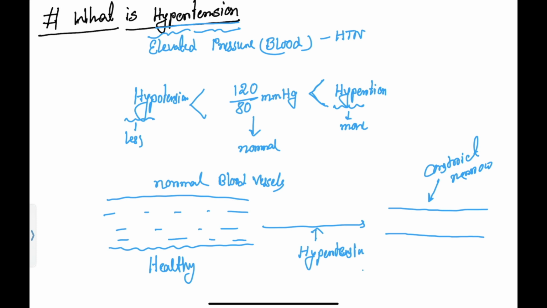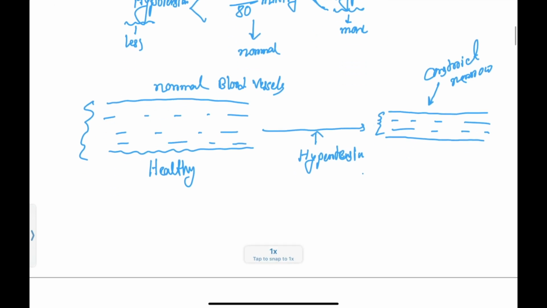Okay? So if the blood vessels become this much narrow, that means constriction or narrowing occurs, then a lesser amount of blood will reach the body cells. That's what is happening to persons who have hypertension. So hypertension simply means constriction or narrowing of the blood vessels. In normal conditions, the blood vessels are freely, in a relaxed state.